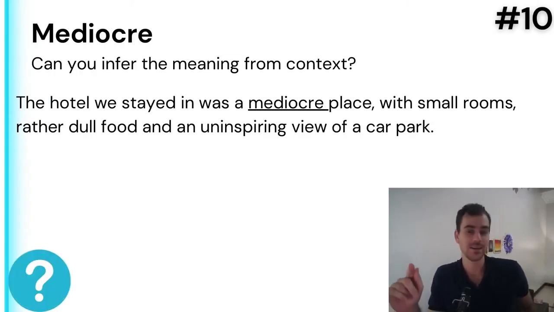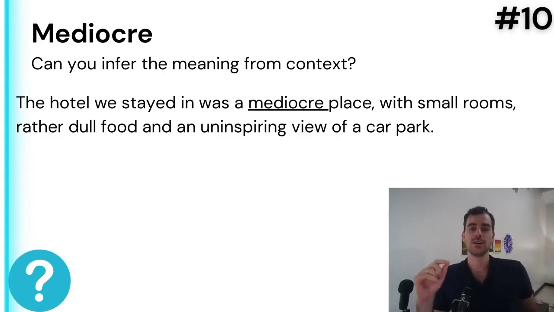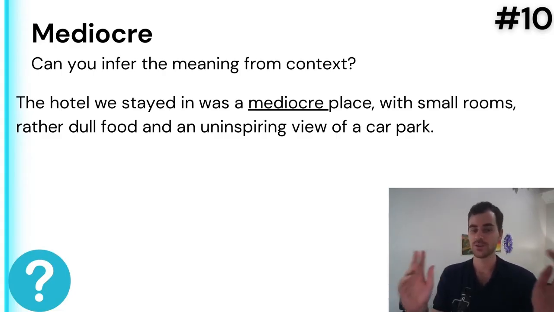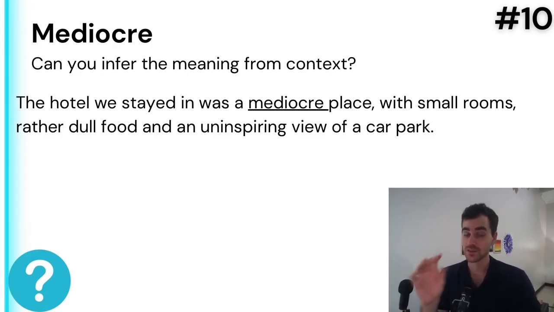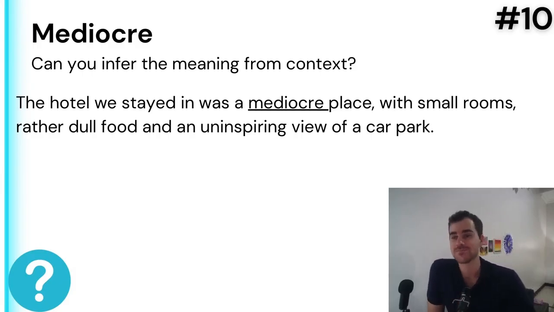Number 10, mediocre. The hotel we stayed in was a mediocre place, with small rooms, rather dull food, and an unsurprising view of the car park. Okay, mediocre describes the hotel. Adjective. What other information do we have about the hotel?